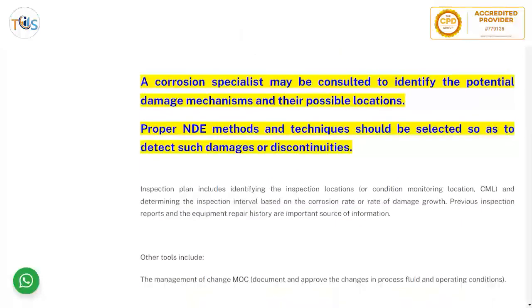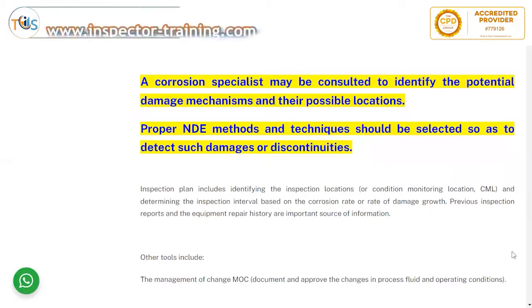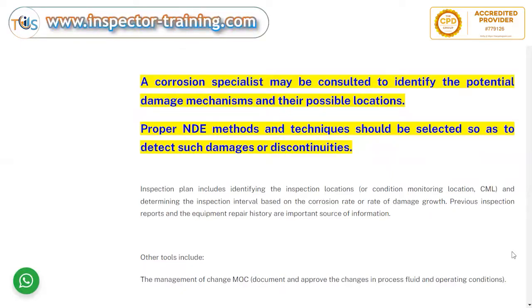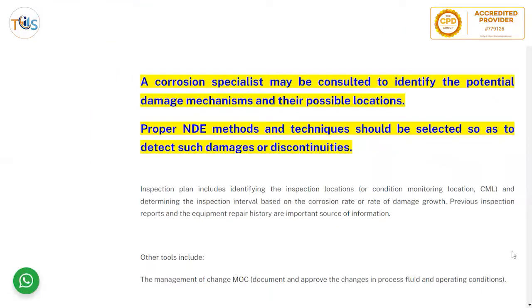The inspection plan is normally prepared by the inspector and/or the pressure vessel engineer. A corrosion specialist may be consulted to identify the potential damage mechanisms, so proper NDE techniques or methods can be selected to capture those expected damage mechanisms, the result of which are discontinuities.